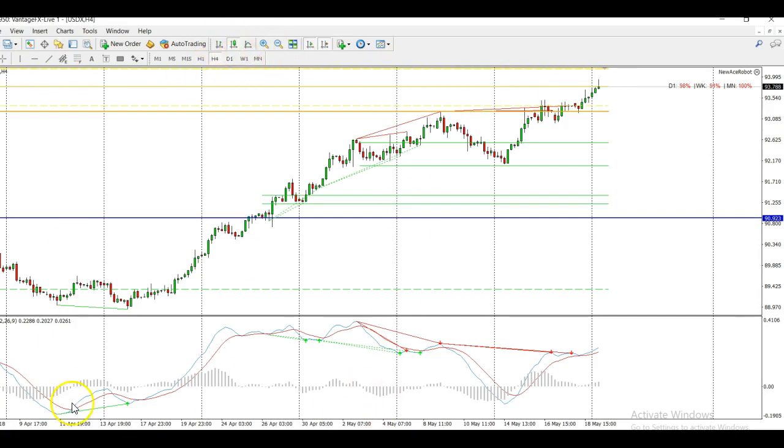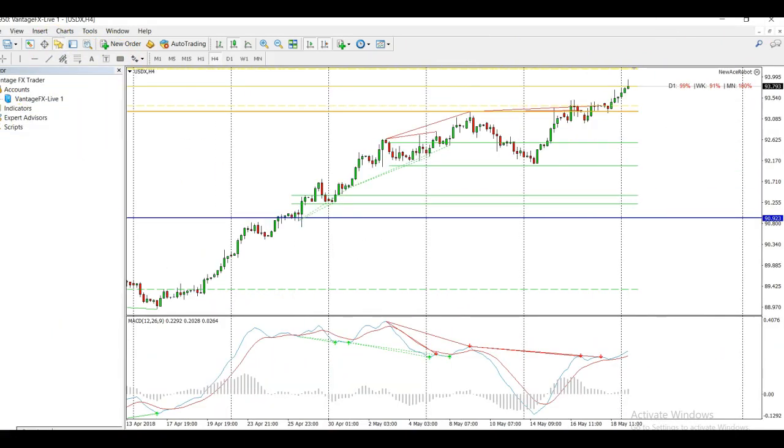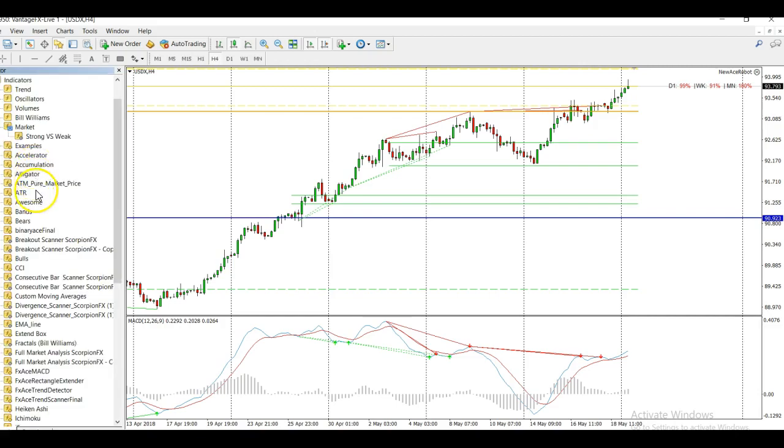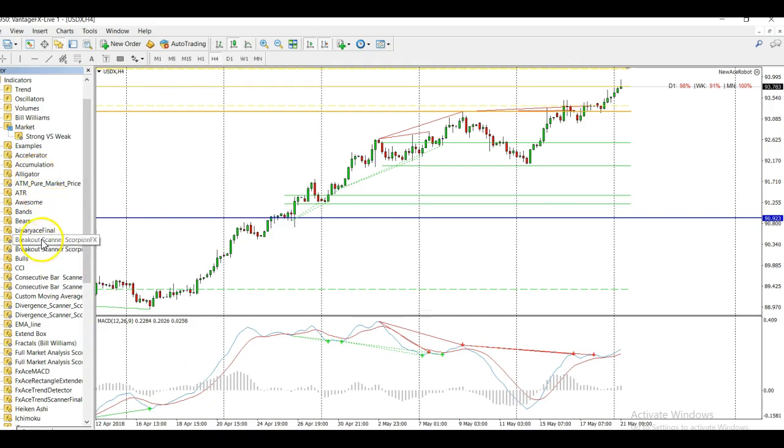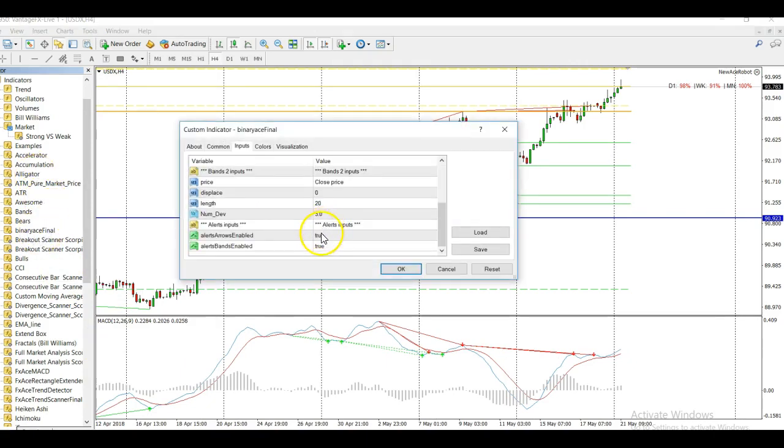I'll actually just load the indicator onto the chart here. Where were we? Binary, yes, the old binary days.